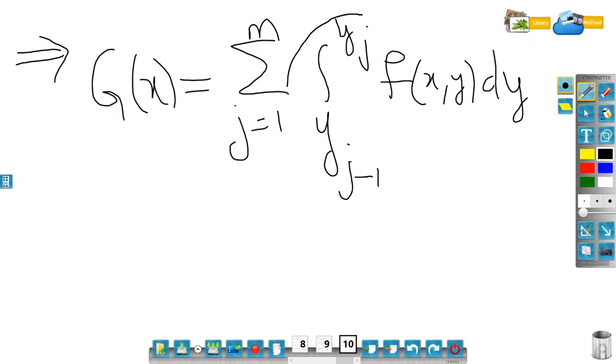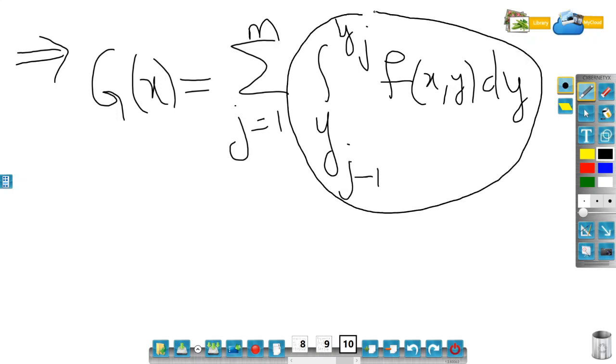Now I'll be using the mean value theorem on this. Since my f is continuous and R integrable, along with this f, I will assume there is a g function and g is 1.